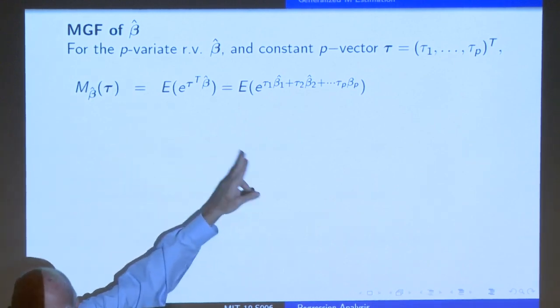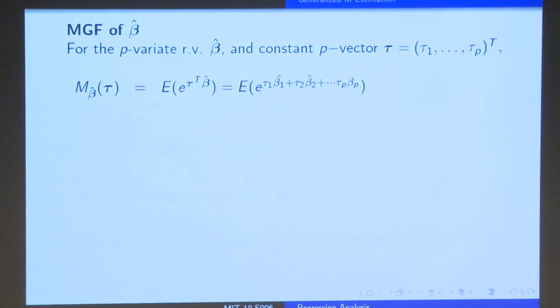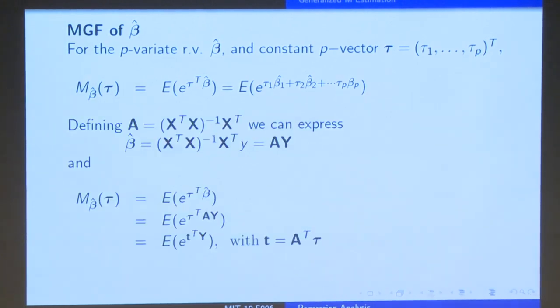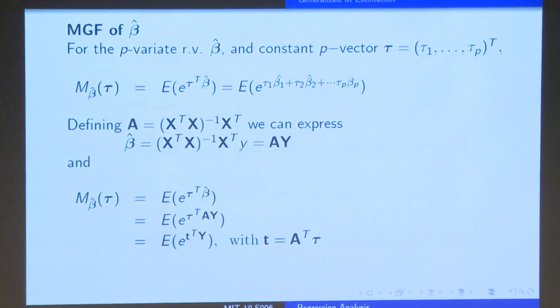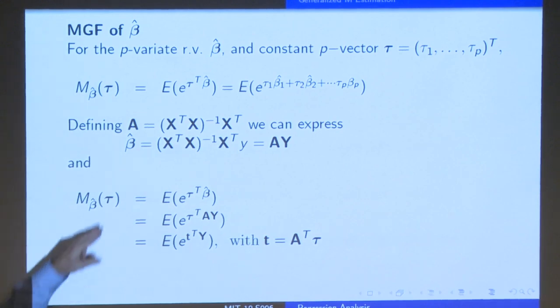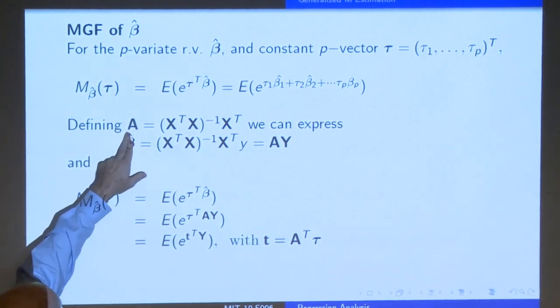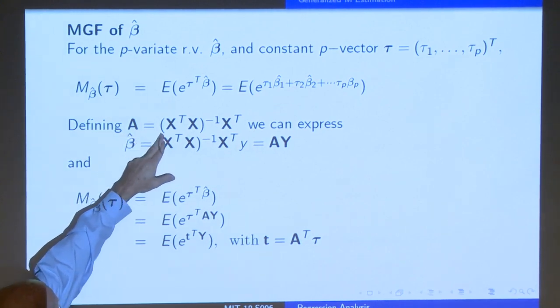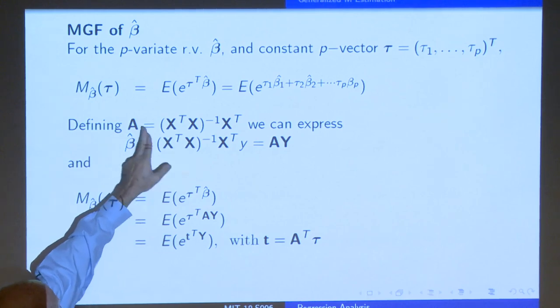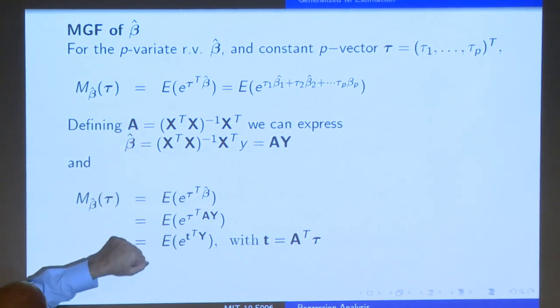And this is simply the definition of the moment generating function. If we plug in what the functional form is for the ordinary least squares estimates and how they depend on the underlying y, then we have A equal to essentially the linear projection of y that gives us the least squares estimate.